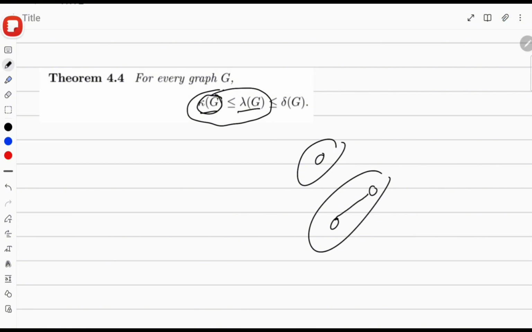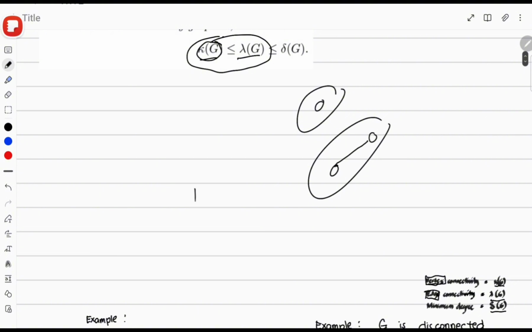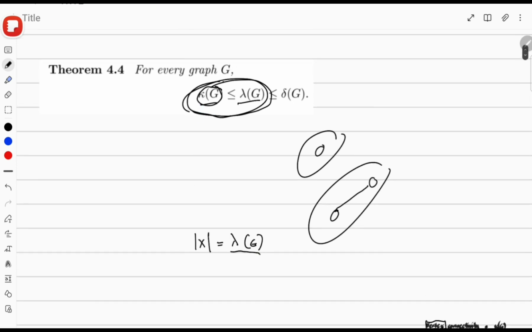Okay, so if we let X be the minimum edge cut with cardinality of X equal to lambda of G, because it is the minimum edge cut to make the graph disconnected, then there exists a set of vertices whose removal can disconnect the graph with fewer removals than our lambda of G. Therefore, this one is true.